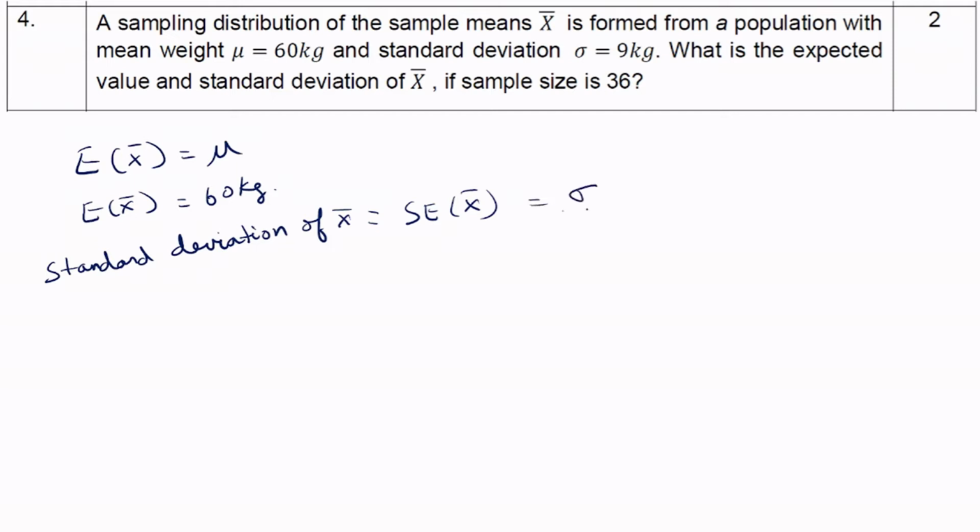This is equal to sigma by root n. So sigma is 9 kg and n is 36. So this is equal to 9 by 6, which is 1.5 kg. So for finding the expected value of X bar 1 mark and for finding the standard deviation of X bar 1 mark. So a total of 2 marks.